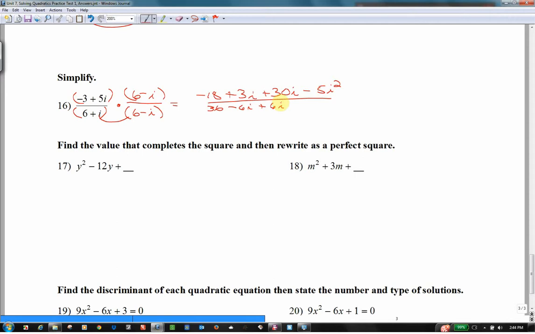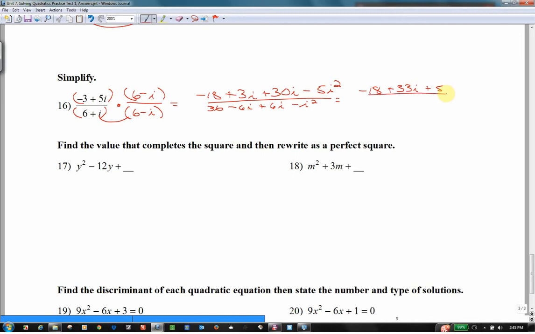So let's go ahead and simplify some of this. The numerator is going to have a negative 18. Then I have 3i plus 30i, that would be plus 33i. And then the minus 5i squared. i squared is a negative 1, so it's going to flip the sign in front of the 5. On the denominator, I have 36.